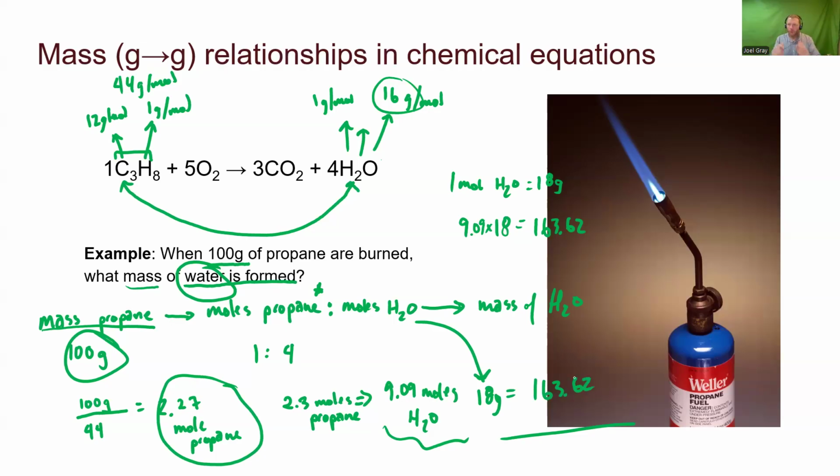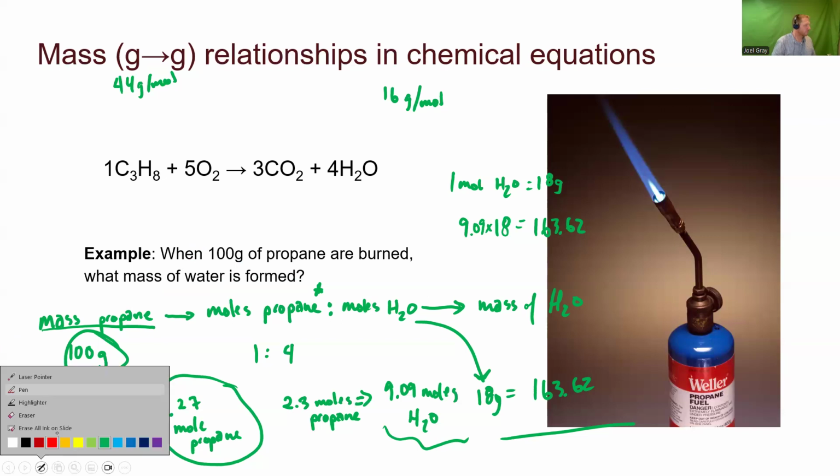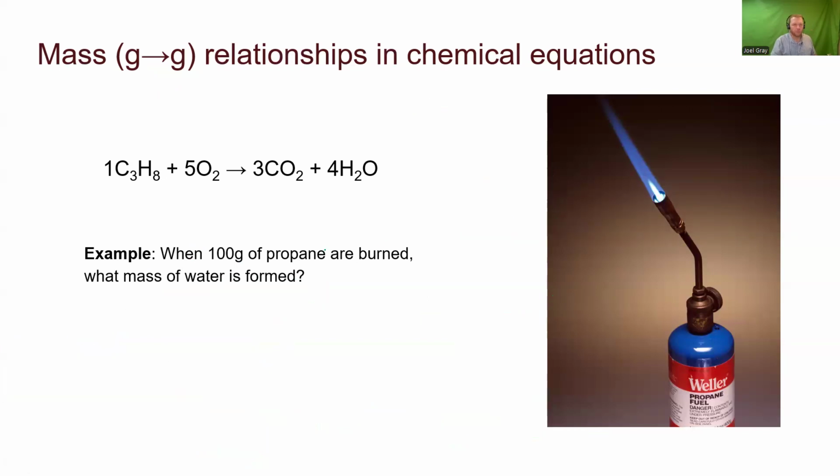So what we did in order to answer this question is, I'm going to erase it all and redo it. To answer this question, we read it and it said 100 grams of propane are burned.